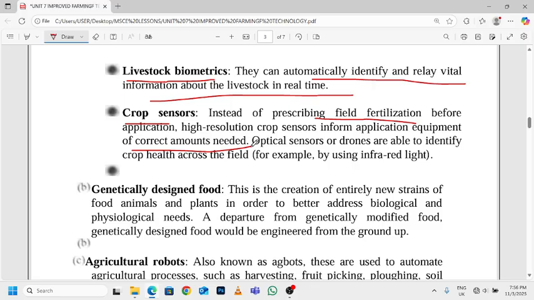So you set the machine. From there you are done. The fertilizer will be applied by itself using the correct amount that you have set.